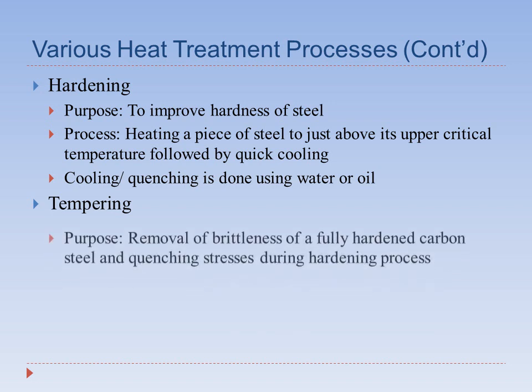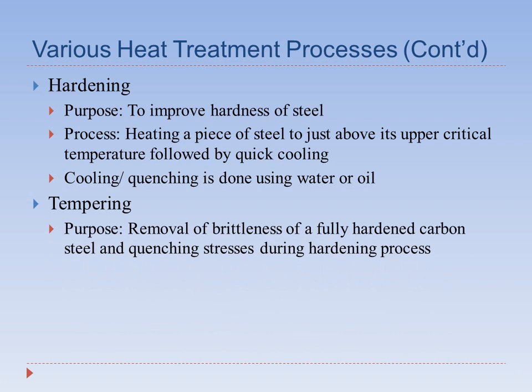The fourth process is tempering. So what is tempering? In case of hardening process, since we carried out this quenching process in water or oil, it was quite rapid, and because of that there would be some amount of brittleness developed inside the material.